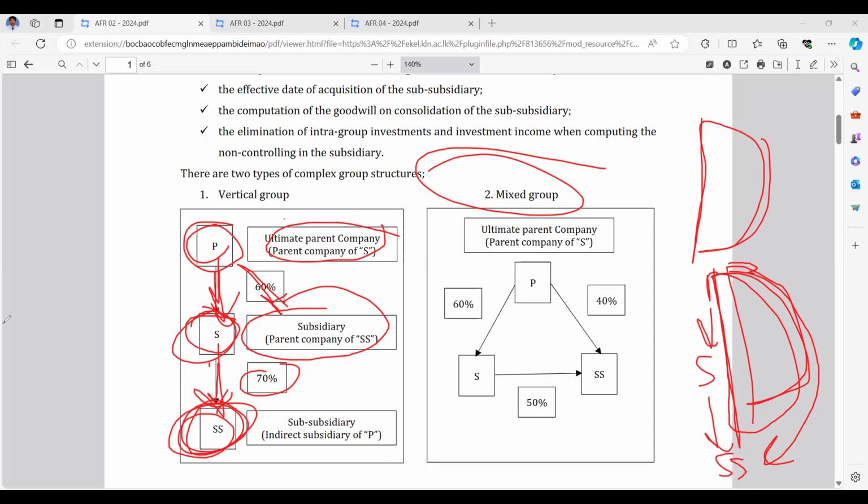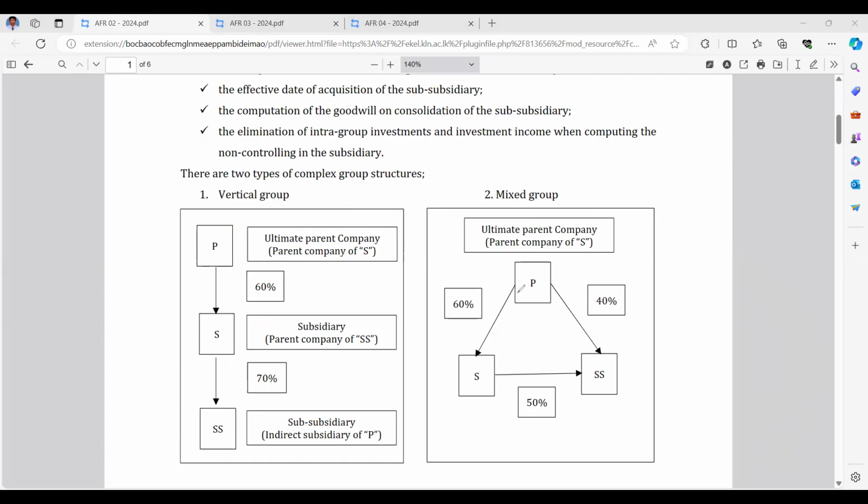There is nothing hard here. For example, P owns 60% of S, S owns 50% of SS, and P directly holds 40% of SS. This is a mixed, or D-shaped, group structure.